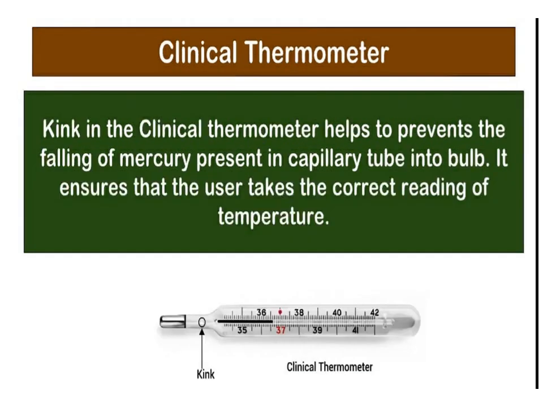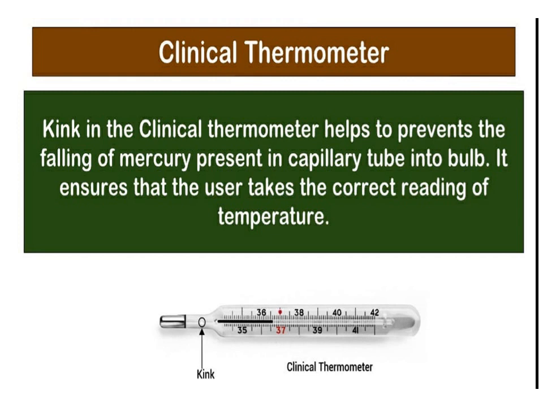Now, we will study more about the clinical thermometer. The kink in the clinical thermometer helps to prevent the falling of mercury present in the capillary tube. As you can see, where these digits 35, 36, 37, 38 are written, this particular place is known as the capillary tube.